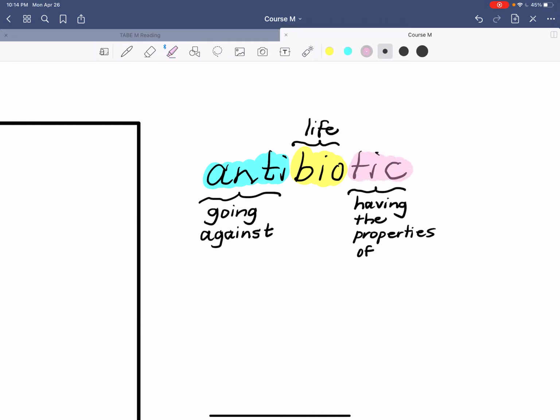I love to do these. So an antibiotic is something that has the properties of a substance that goes against life. An antibiotic is a medicine that does what? It kills bacteria. It goes against bacteria life.